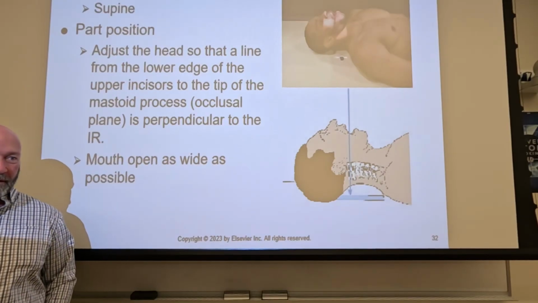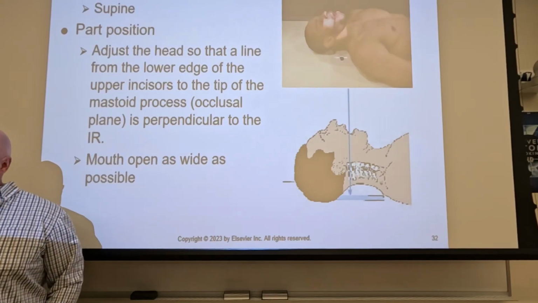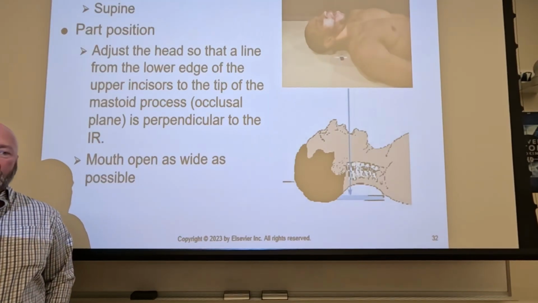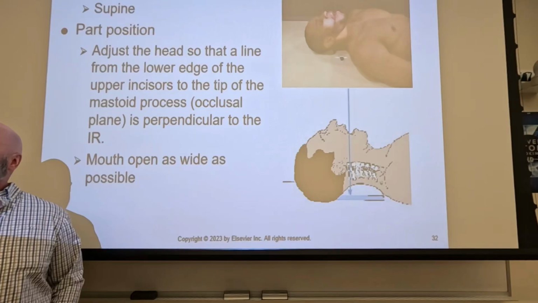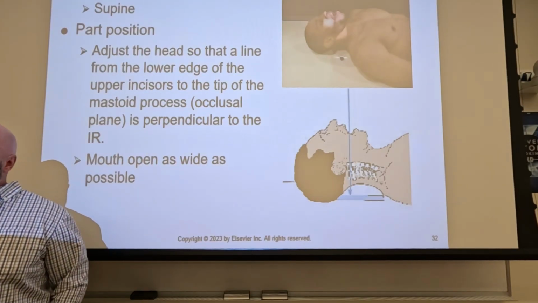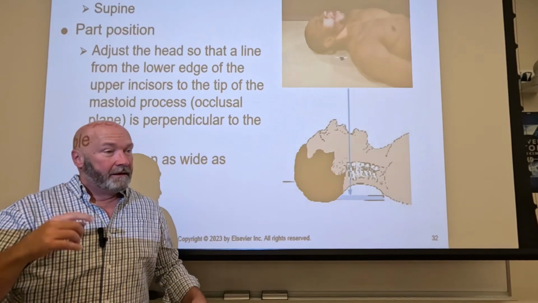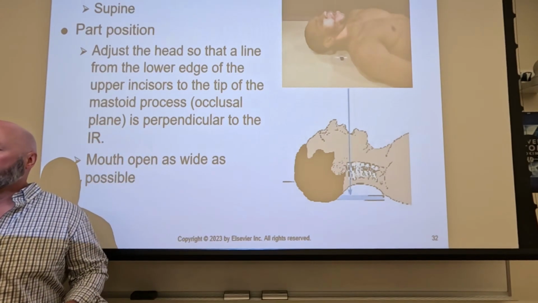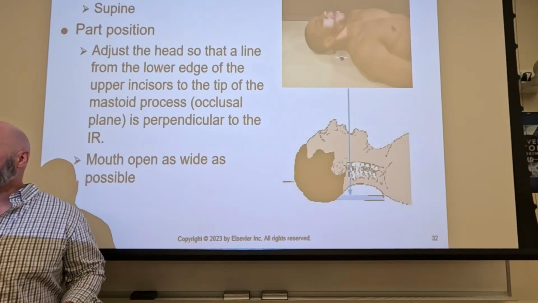But the mastoid process is not right behind the ear, okay? So the occlusal plane is a plane that goes across the teeth from the upper incisors and aligns to that knot, all right? Problem with lining all that stuff up is you have to have the patient show you their teeth, all right?